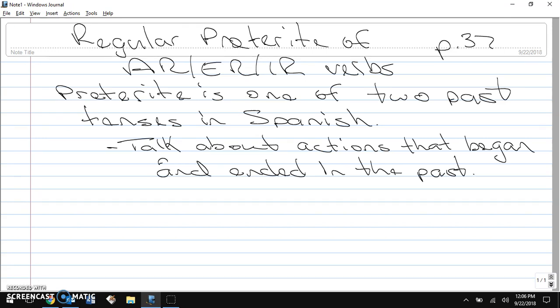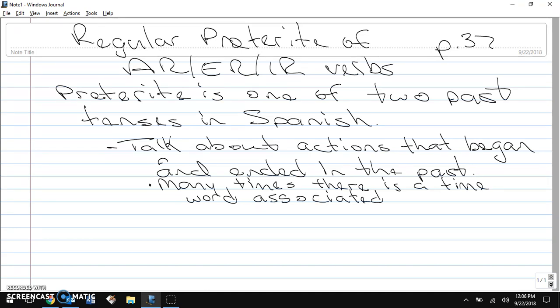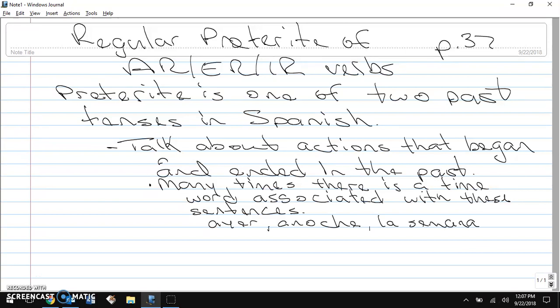Okay, a little footnote to this. Many times there is a time word associated with these sentences, such as ayer, anoche, la semana pasada.